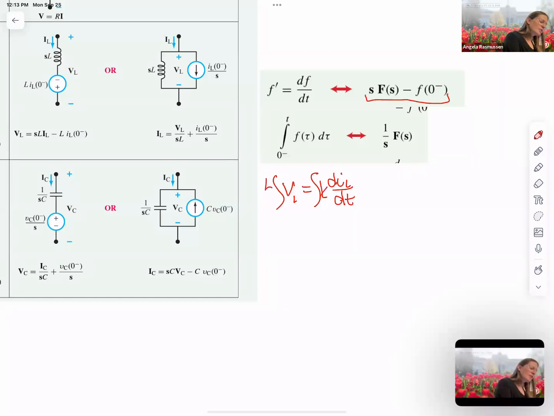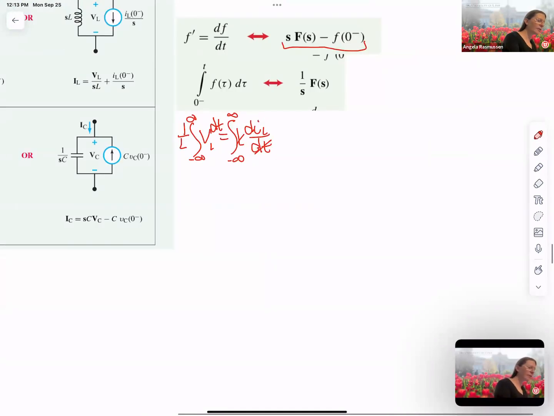So if I take the L over here, I have 1 over L VL dt, and then I have the integration, and these are over everything. And so this side ends up equaling IL going from infinity to minus infinity, but ours really just starts at 0.